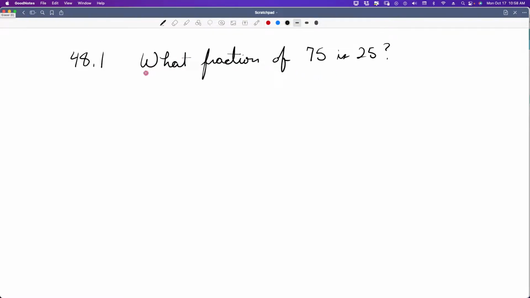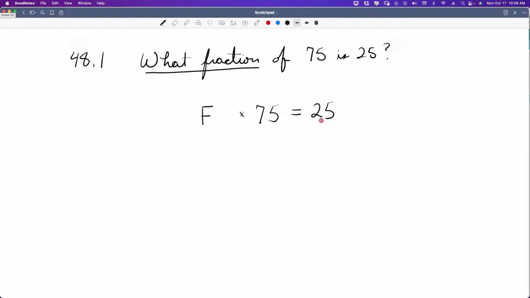So what fraction? That's what it's looking for. That's our unknown. So for our unknown, we're going to use the letter F because we're looking for a fraction. Of is always multiplication. Then we have 75. And then is is our equal sign. And then 25 is what it's equal to.